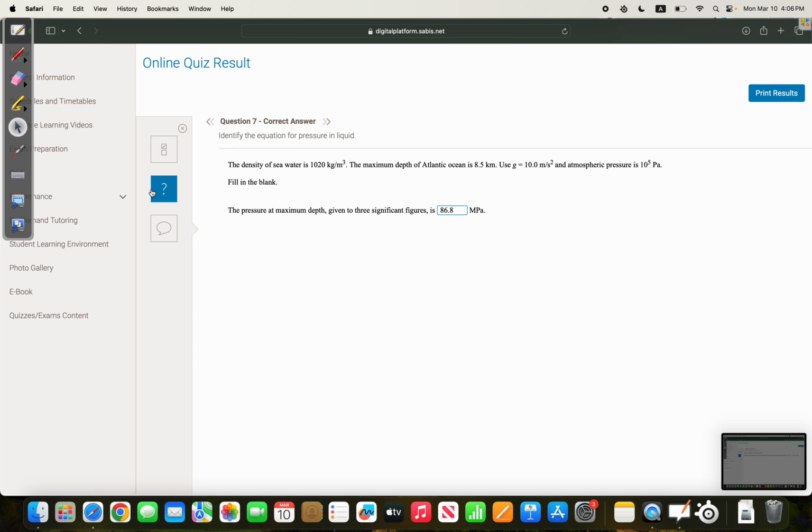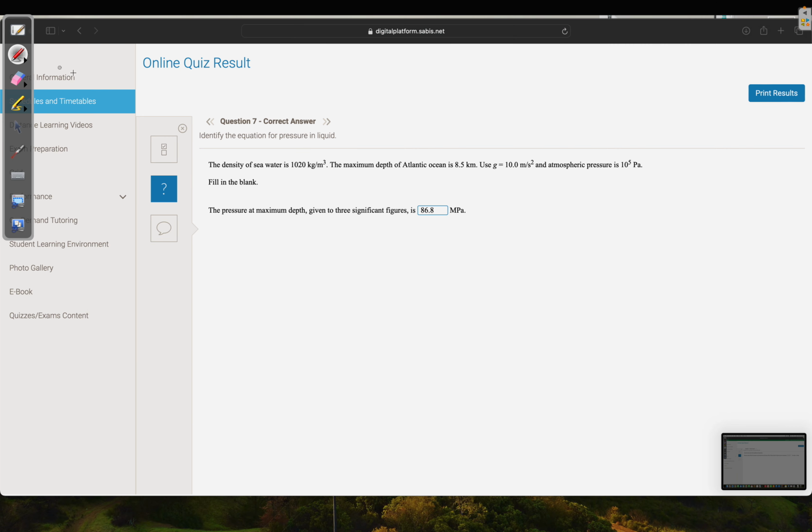Number 7. The density of seawater is 1020 kilogram per meter cubed. The maximum depth of the Atlantic Ocean is 8.5 kilometers. Okay, so as we said, the pressure is density times g times height.